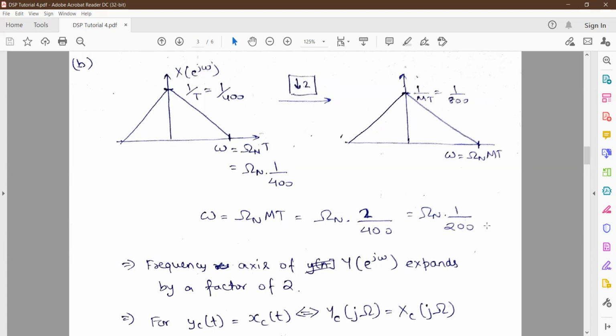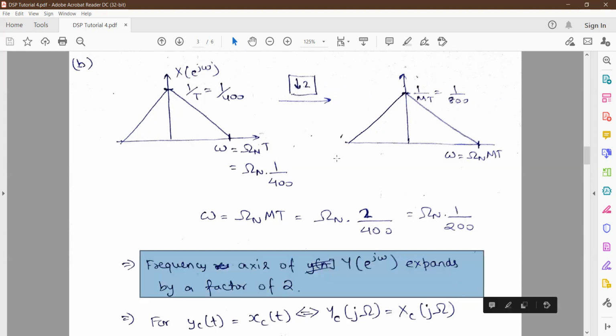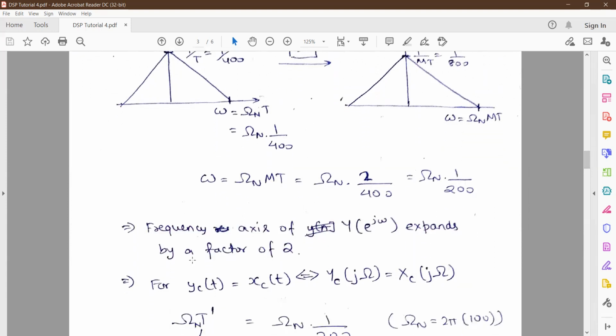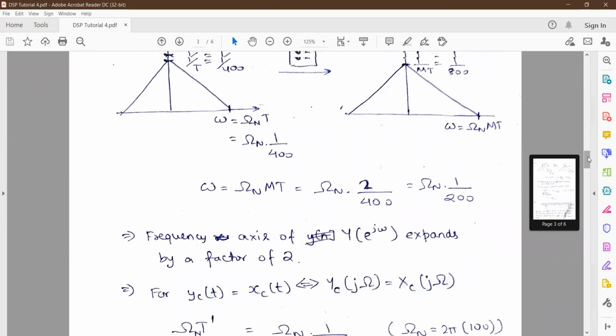Now, if we have to completely reconstruct the signal, we have to take into consideration the fact that the frequency axis has expanded by a factor of 2, right? If we want to completely reconstruct, then the spectrum of the output must be the same as the spectrum of the input.